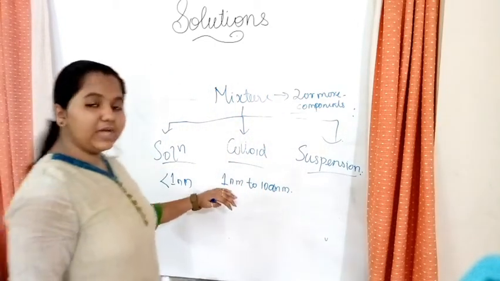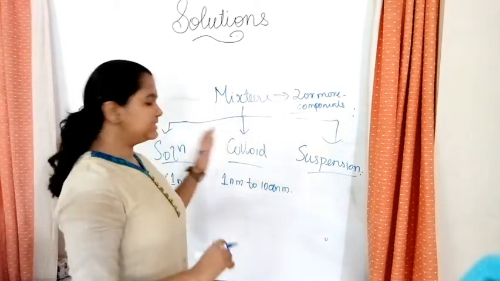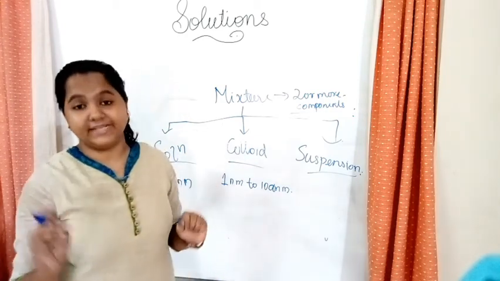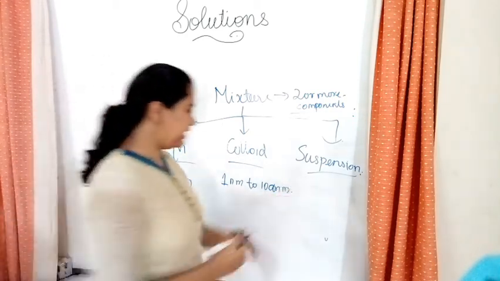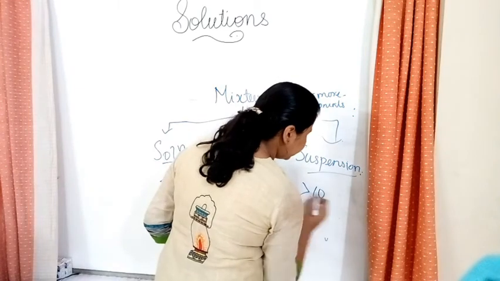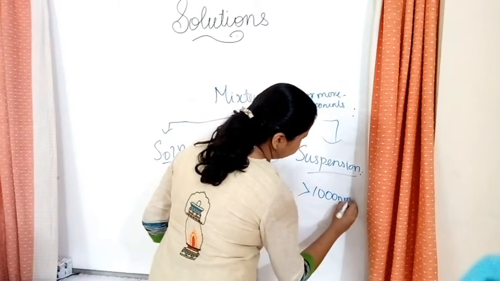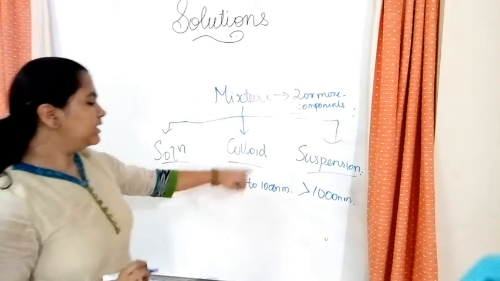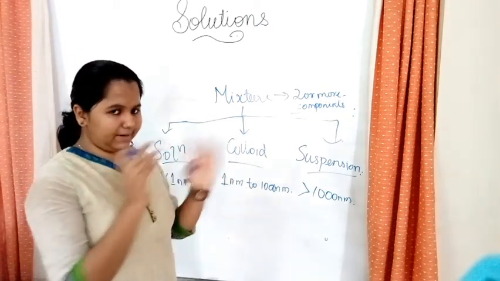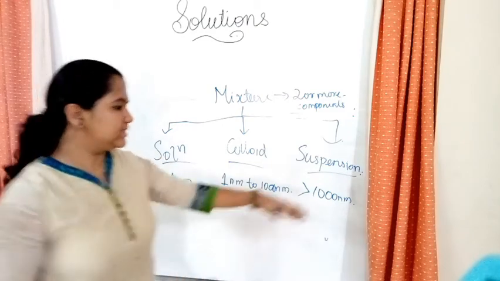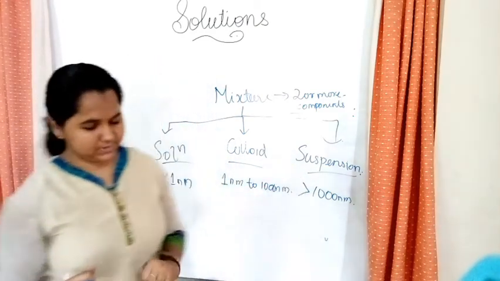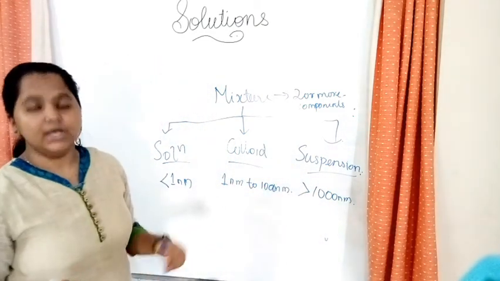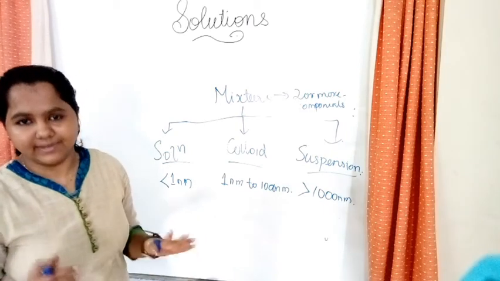And for suspensions, it is greater than 1000 nanometers. So a solution has particles of less than 1 nanometer, a colloid between 1 and 1000 nanometers, and a suspension more than 1000 nanometers.